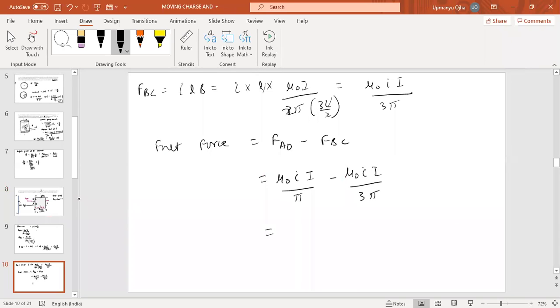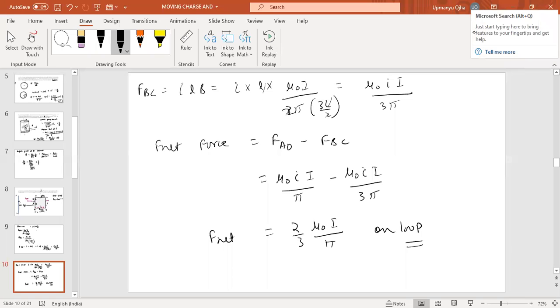Okay, if you solve, you'll get something around 2 by 3 mu naught I by pi as the net force acting on the loop. I hope you understood this.